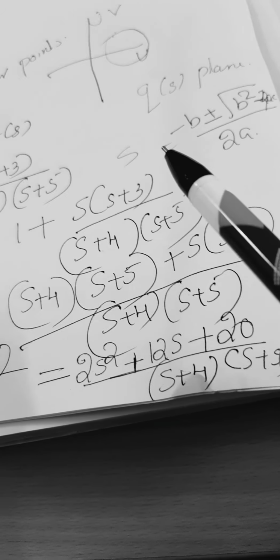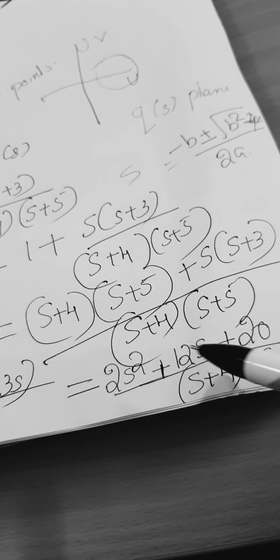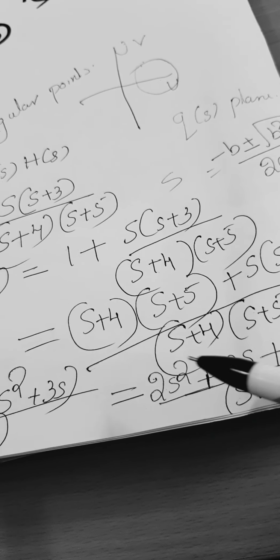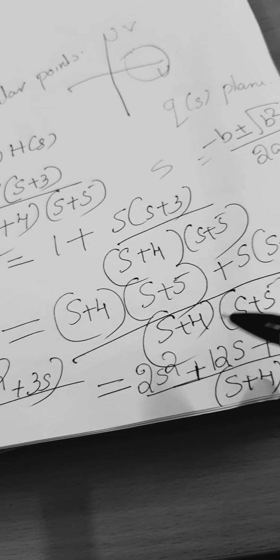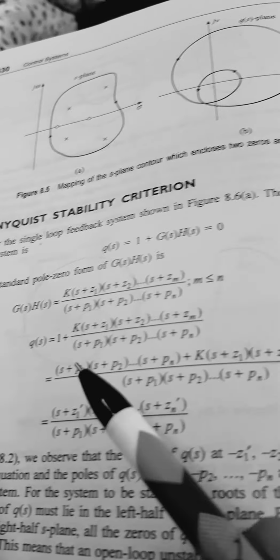After converting to this form, the numerator consists of the zeros. So after multiplying, the entire term is modified into s plus z1 dash, s plus z2 dash, up to s plus zn dash, divided by the previous open loop G of S, H of S poles.